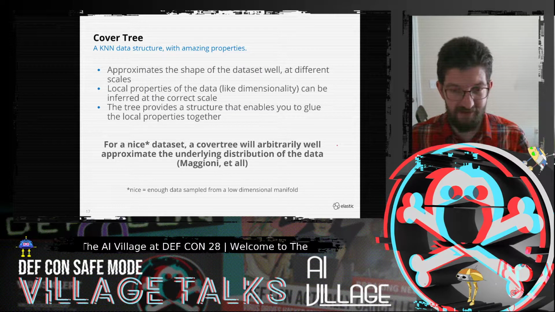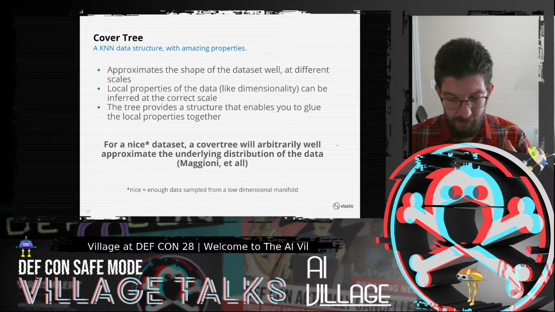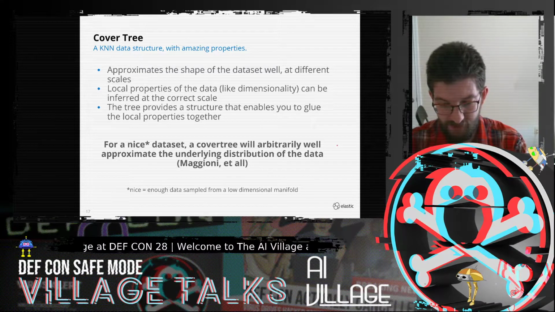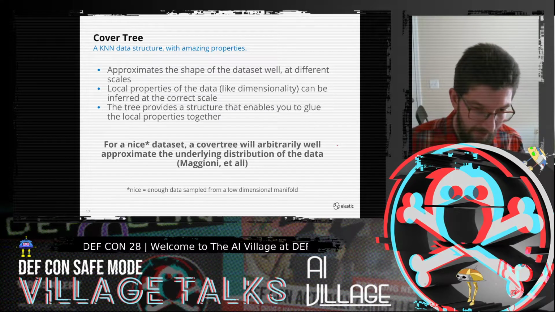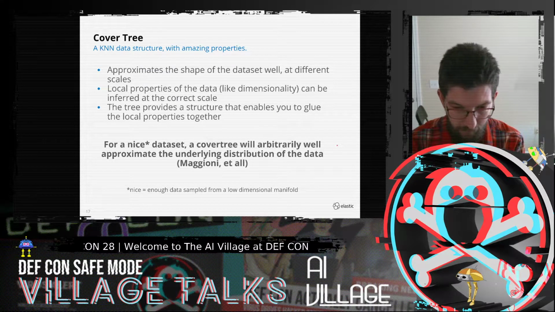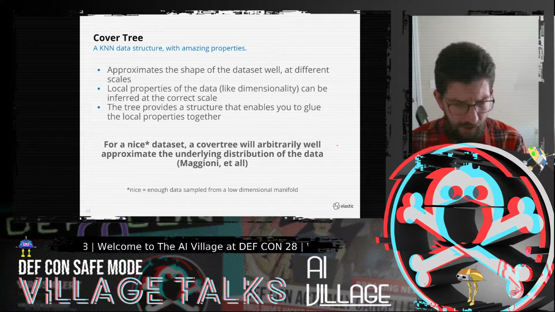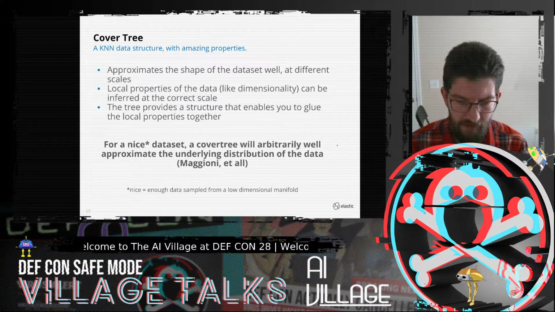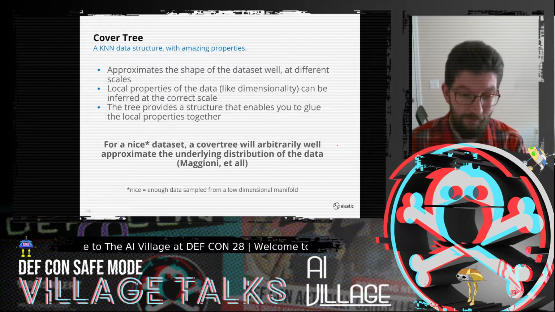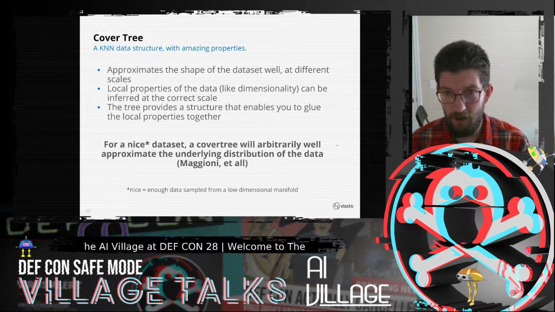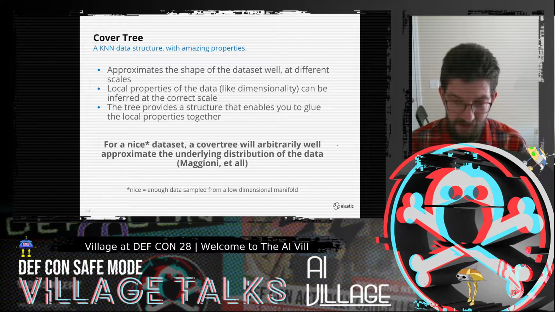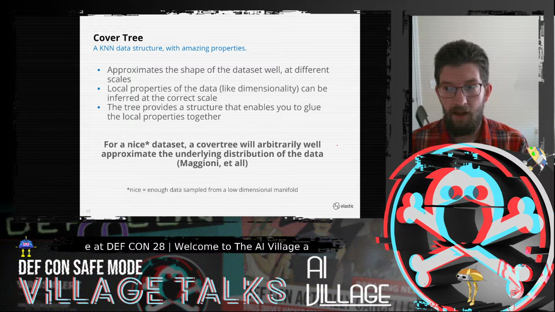Because it geometrically segments your data, it tells you some information about how your data is distributed in space. And we can prove, and Mara Majoni and Wenjing Lao and a few other collaborators over the years proved, that for a nice data set, a cover tree will arbitrarily well approximate the underlying distribution of the data.